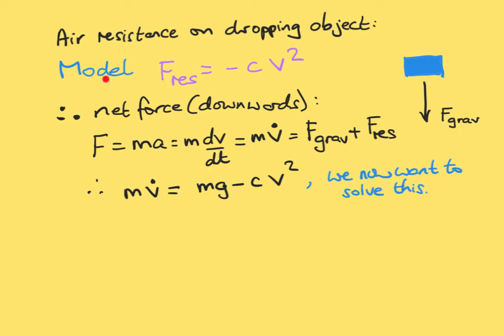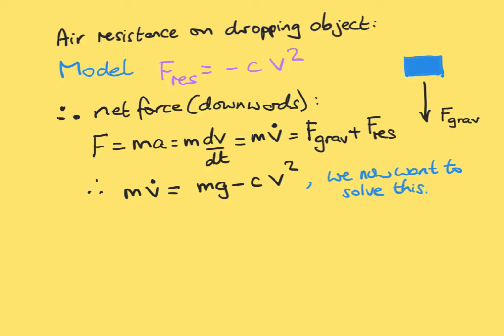And the model that I'm going to use in this video is that the size of the air resistance force is proportional to the square of the speed of the object that is falling, and it is opposed to the direction of motion.